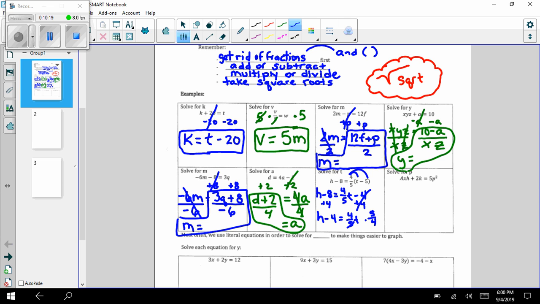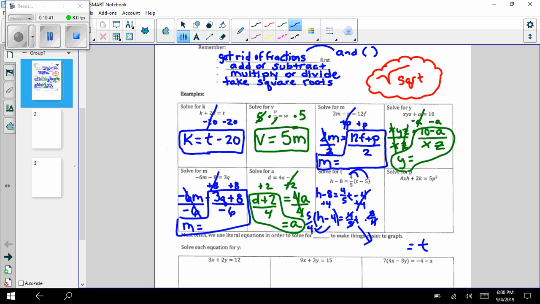These guys cancel. I've got t left all by myself, and I'm going to come down here, guys, because I ran out of room. So I'm left with t on the right side. Since I multiplied by 5/4 over here, I have to multiply everything on this side by 5/4, and I'm really running out of room, which means I have to distribute. This one's a long one.